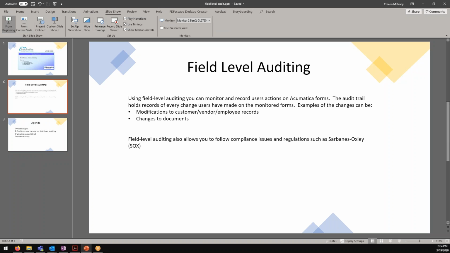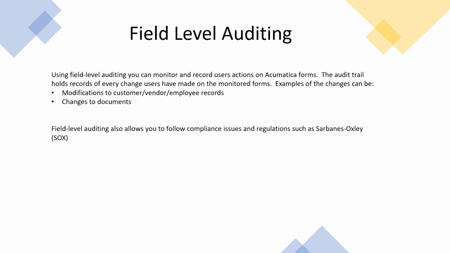So what actually is field level auditing? When you think about fields and levels, field level auditing is focusing in on the actual forms inside of Acumatica, being your customer, your vendor, employee forms, your documents, AP transactions.